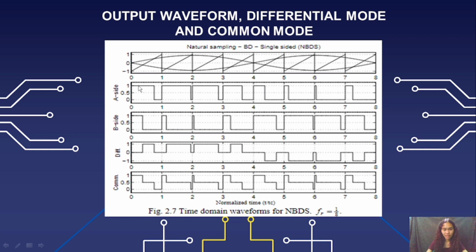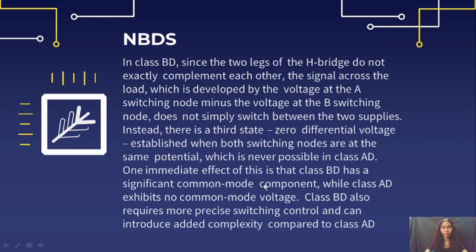Here, the average of 1 and 1 is 1. This part is 1 and 0, and their average is 0.5. Next is 0 and 0, and their average is 0. And the process goes on also.